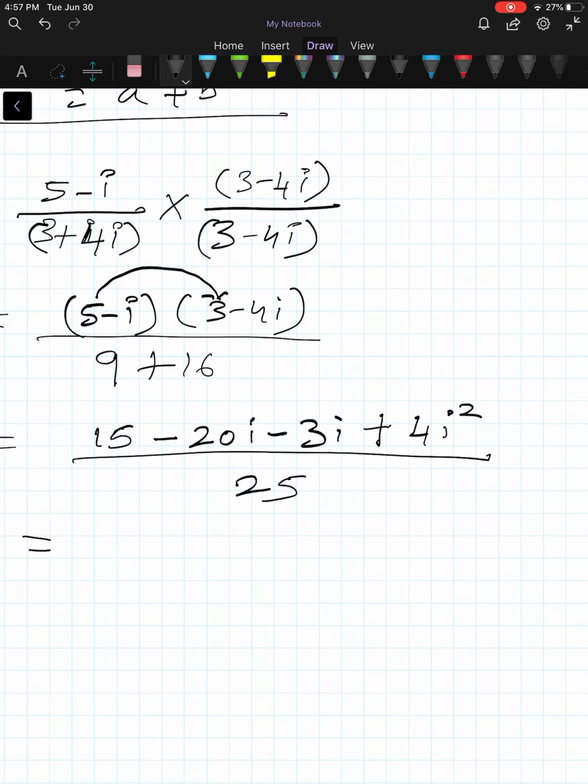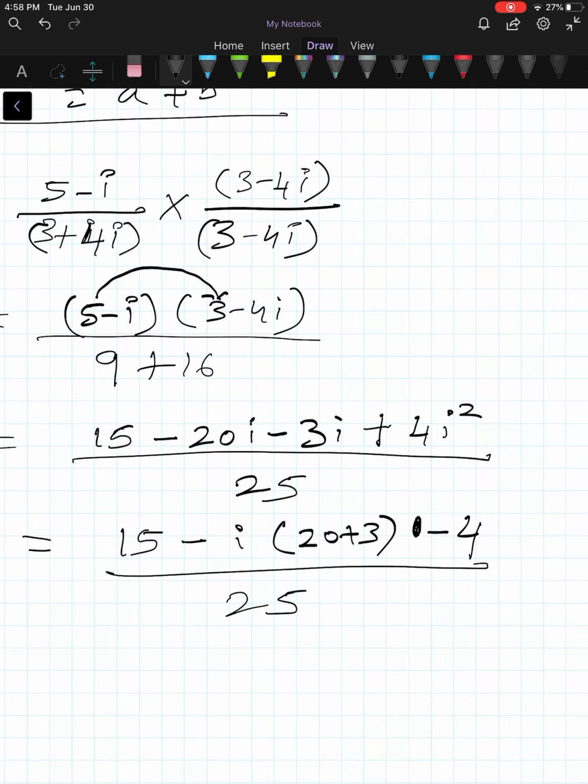So the numerator will reduce to 15 minus, you can observe i is common in both the terms, that is 20i and 3i. So I will take i common, and we will be left with 20 plus 3. I square is nothing but negative 1, so negative 1 times 4 is negative 4.